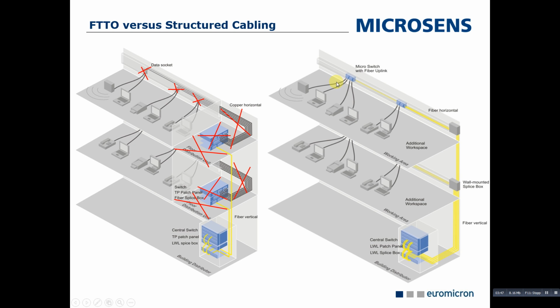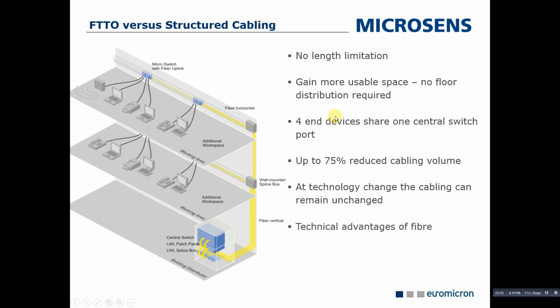The best thing is you don't have any length limitations anymore. It's really fiber. You can go 100 or 200 kilometers and you don't have any problems. And additionally, you have reduced your cables by up to 75%.